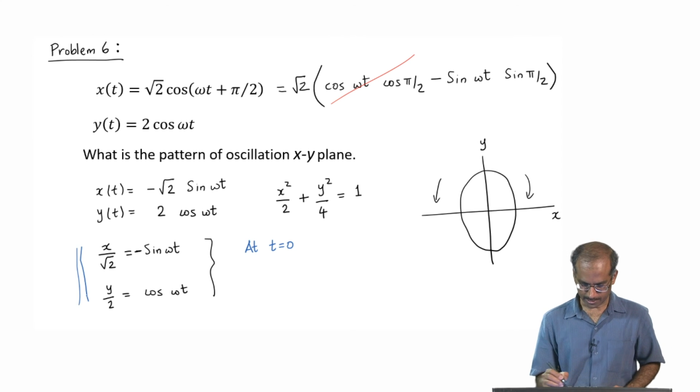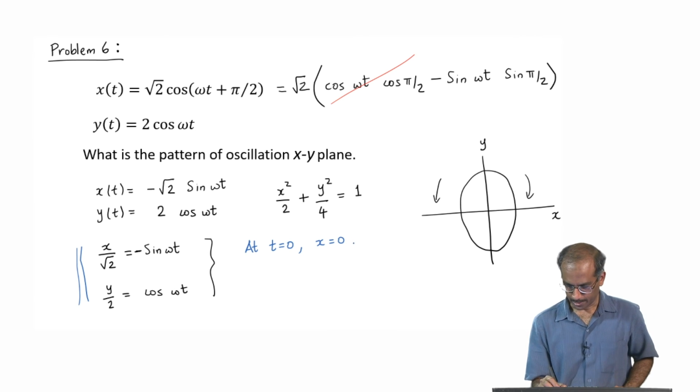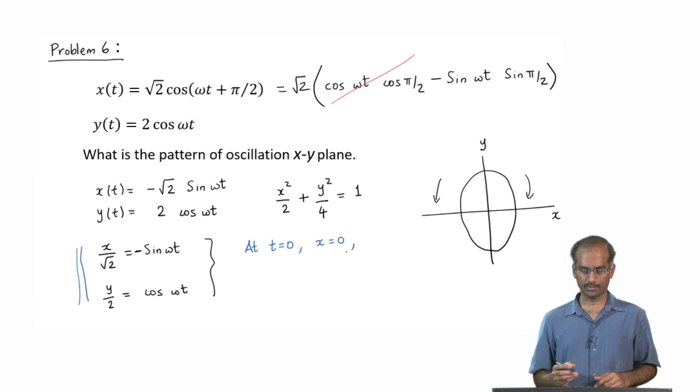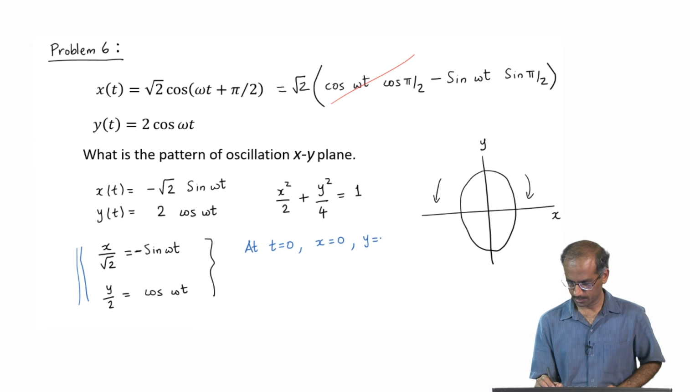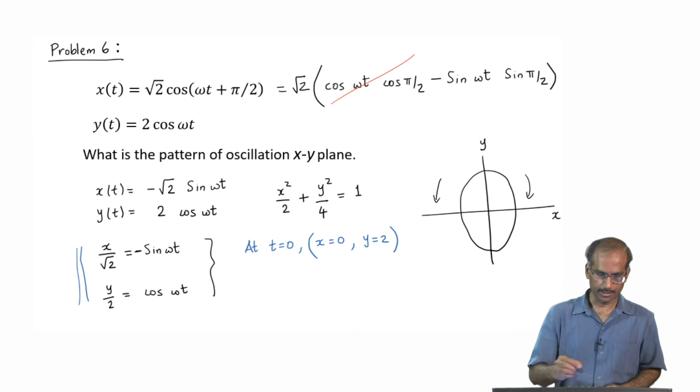If you do that, it tells you that at t equal to 0, x is equal to 0 and the value of y is equal to 2, because cos 0 is 1. So, this is the position of the particle at t equal to 0.